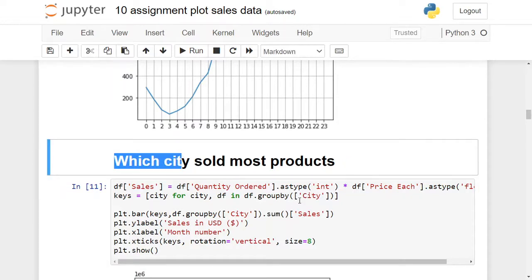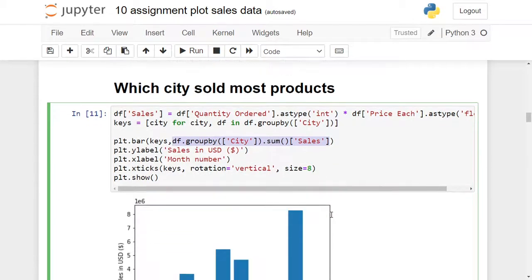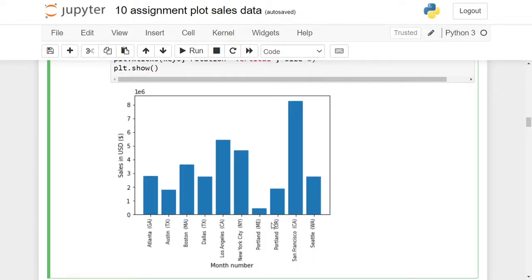So you group by city, get the city as keys, and for the actual value we get the summation of sales. That way we can get those values, and it shows San Francisco got the most sales.